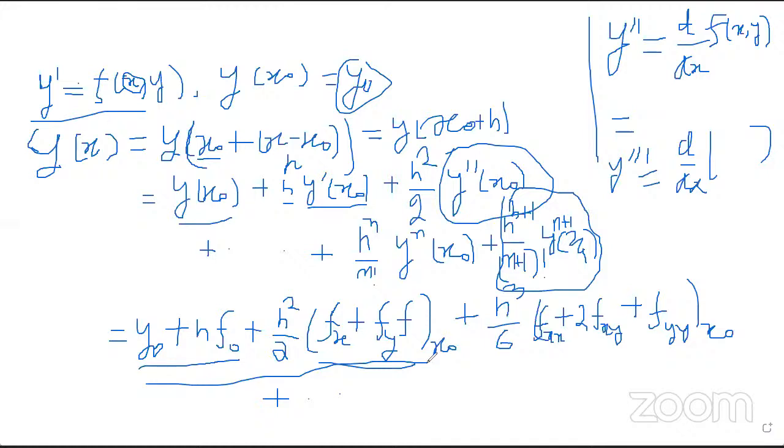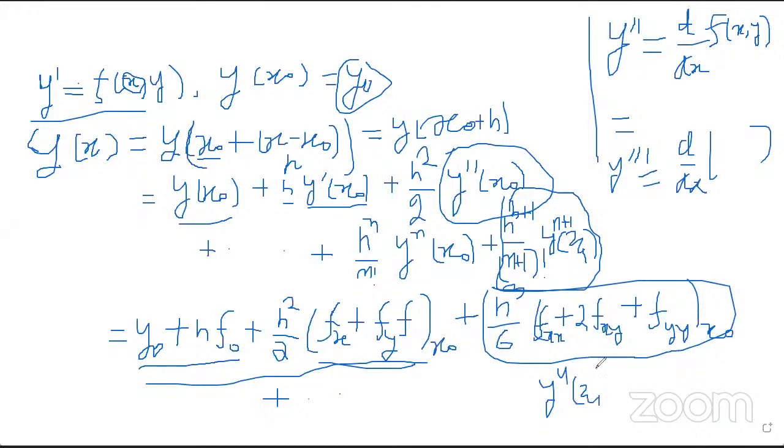So now we should look at some properties of this type of method. What will be the error in this case? Suppose I keep 3 terms of the series, then the error will be h cube by 6 times the unknown fourth derivative at xi.